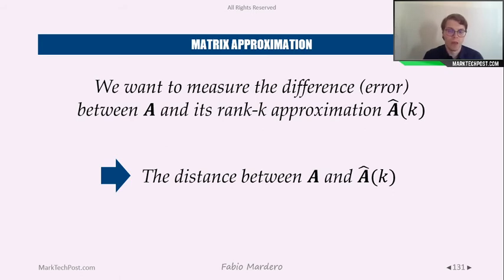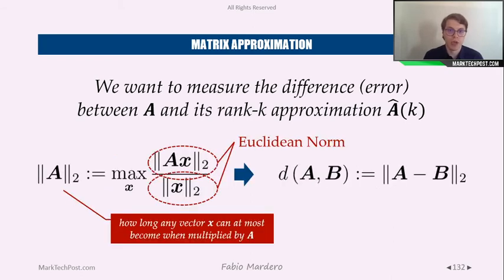So, as we've seen in course number 2, talking about analytic geometry, we need to define a distance, we need to define a norm. And to do so, we use the Euclidean norm defined for vectors. Remember that A multiplied by a generic vector x is still a vector.